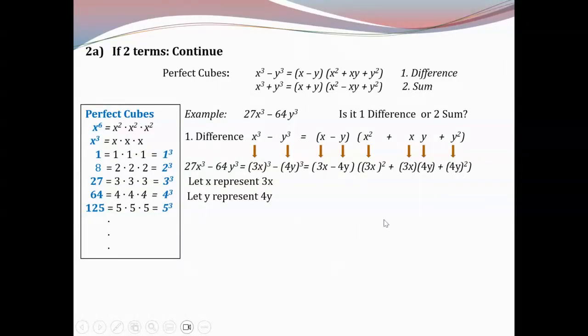Now, let's simplify. This gives us 3x minus 4y. 3x squared will give us 9x squared. 3x times 4y will give us 12xy. And 4y squared will give us 16y squared. So this is how we do factoring the difference and the sum of two perfect cubes.